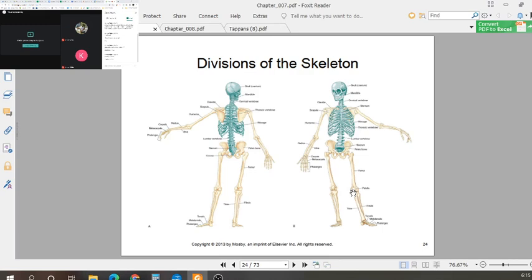So it's not just the arms and legs, it's the attaching bones too. That's the part that you need to probably focus on, where they separate.